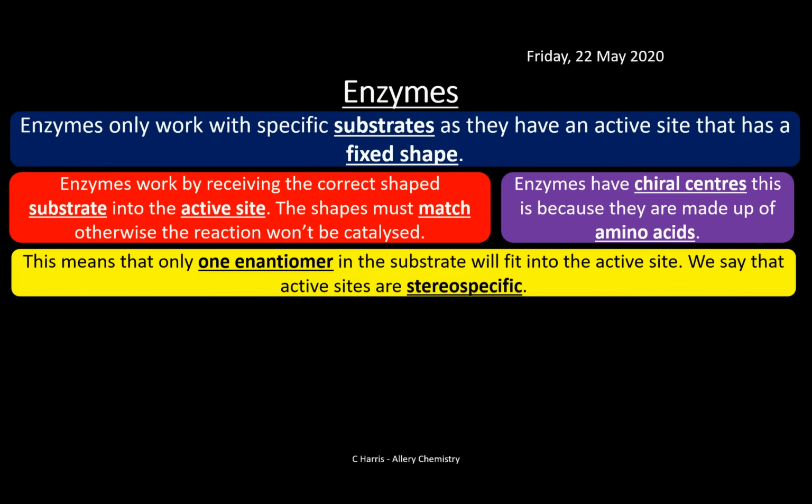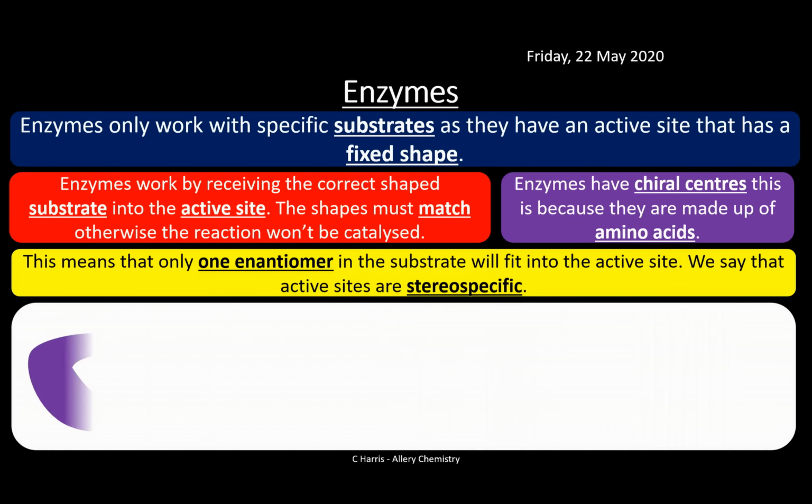If you've got an enantiomer in a drug which doesn't fit that active site, then you're going to be in trouble, because it won't break it down, and it may not be any good in your body. Or it may work the other way, where it breaks down that molecule and forms a really bad molecule which goes around your body, and that can have an adverse effect as well. So it can work both ways.